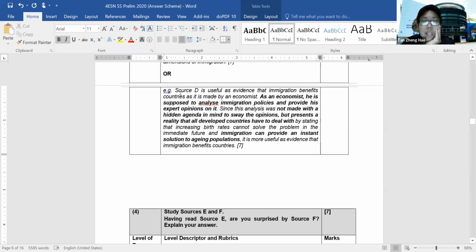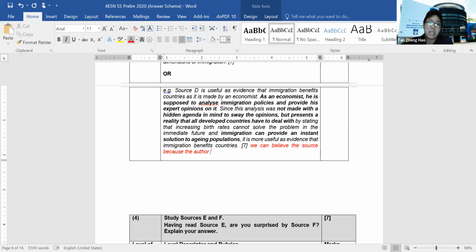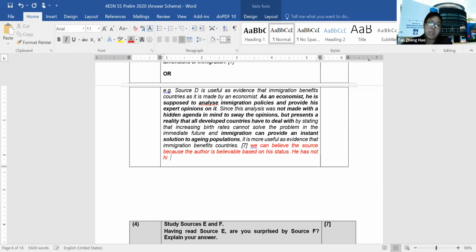So what is this second part talking about? Basically, it says we can believe the author, the source, because the author is believable based on his status. He's an economist, which is a status. He has no hidden purpose. He is very objective, or in other words, he is not biased.